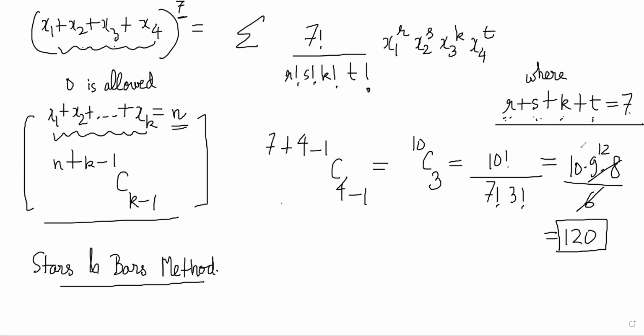So there will be many such terms, 120 of them, and this is the general term of the multinomial series. Now, let's say the most common case is x plus y plus z to the power n.